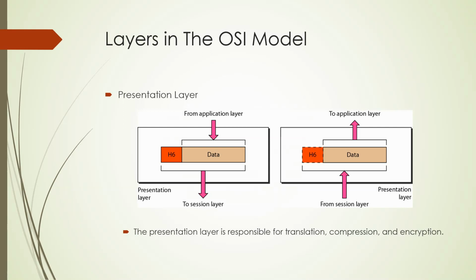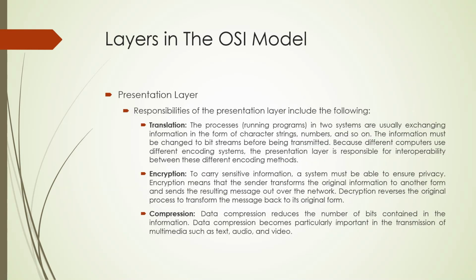Okay. Next we have the presentation layer. The presentation layer is responsible for the translation, compression, and encryption of the data. Now what is this? Let us understand. What do we mean by translation? Suppose at the sender side we are using, for example, a Windows machine, and at the receiver side we are using a Linux machine.